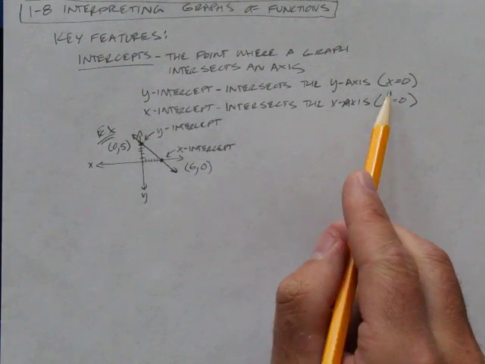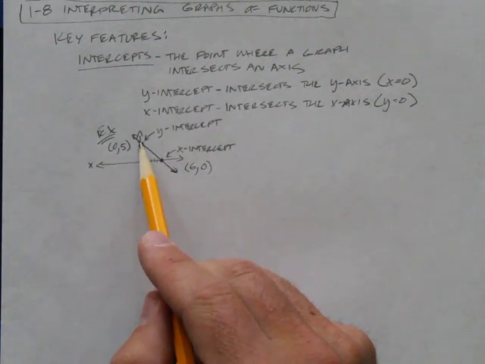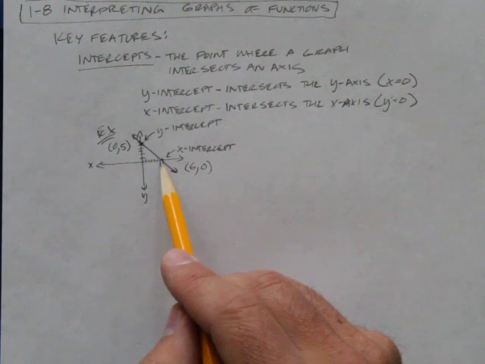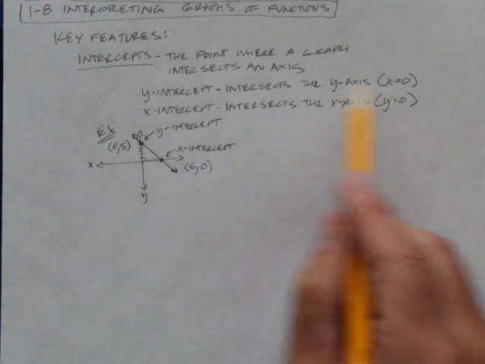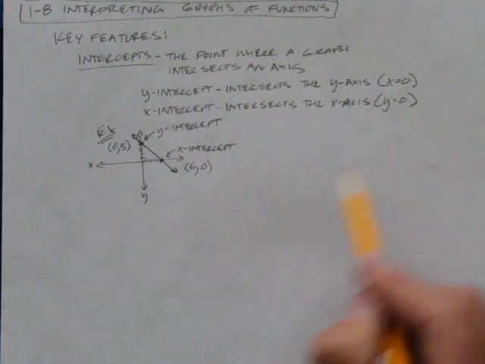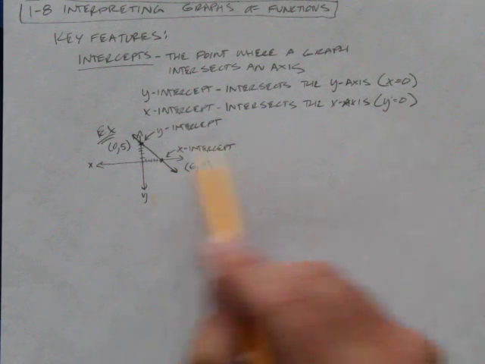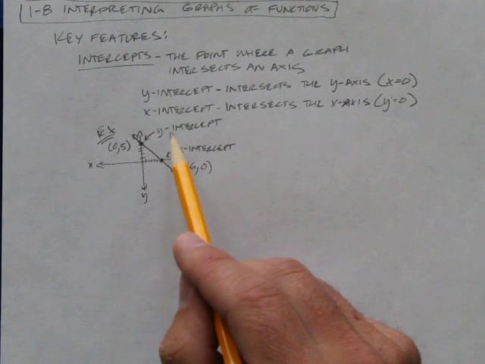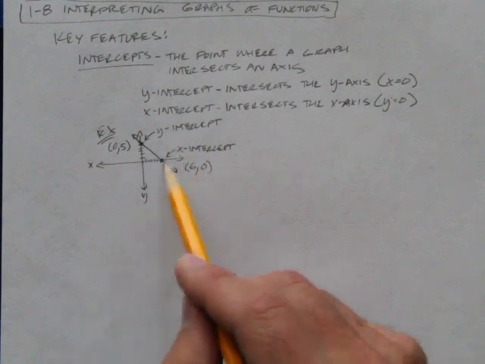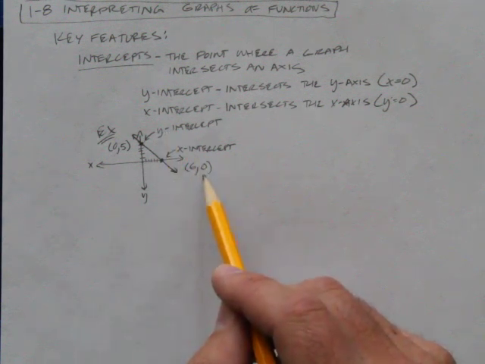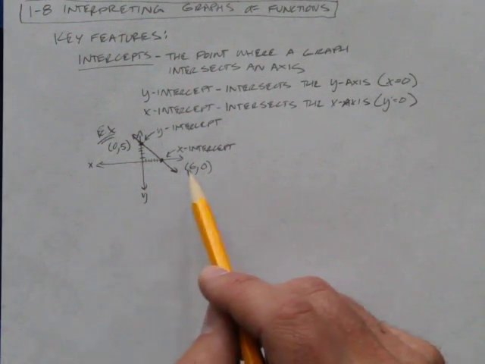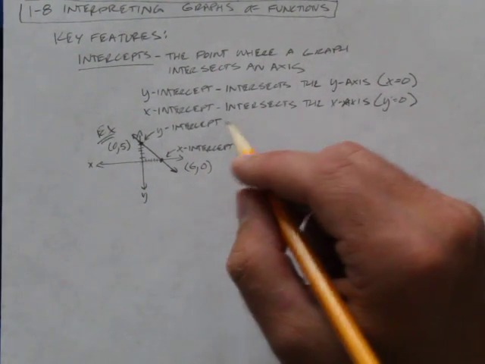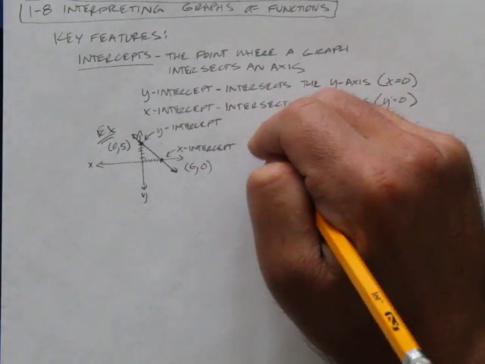So that's what we're saying here: when x is 0 at the y-intercept, y is 0 at the x-intercept. Learn this because we're going to use this all the time. The y-intercept, when x is 0, is the one that we're going to talk about the most, but the same is true for the x-intercept, where y is 0. You try.